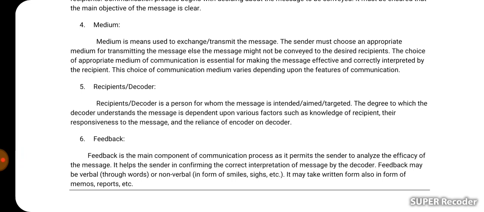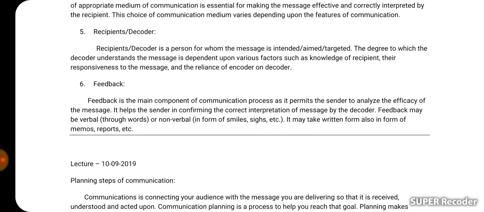The fifth one is recipients and decoder. Recipients means the person who receives the message, the targeted person, the target of the sender to whom he delivered the message.